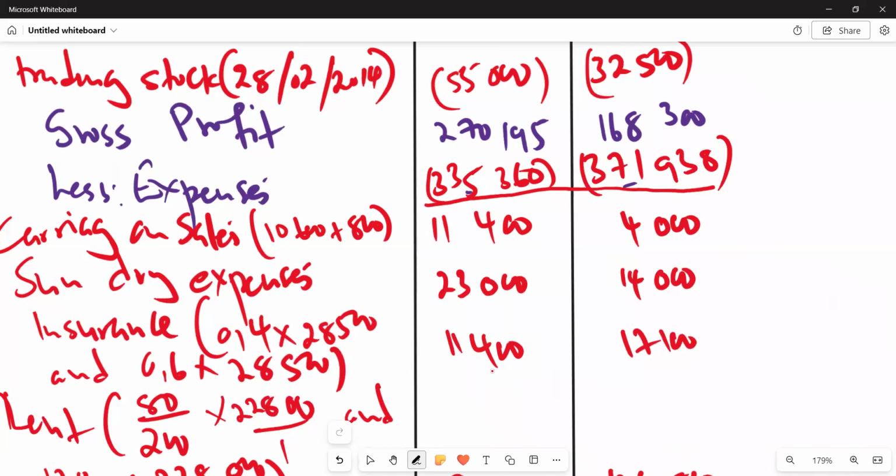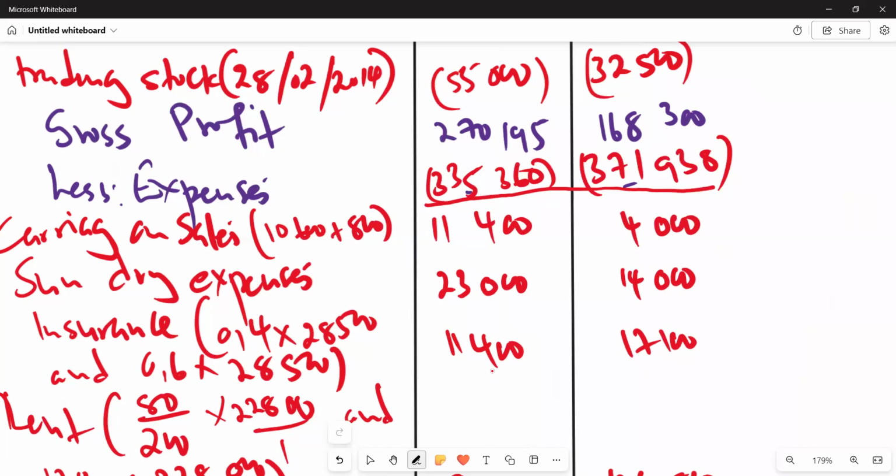Remember, it can only be your net profit if our gross profit is bigger than our expenses. But in this case, our gross profit is less than our expenses, so it means we are going to have a net loss.